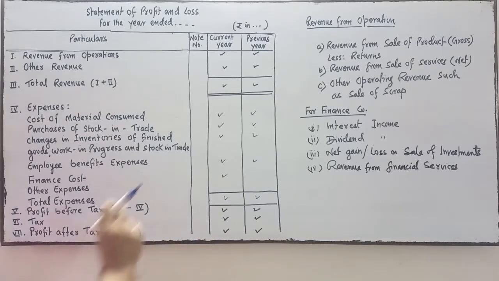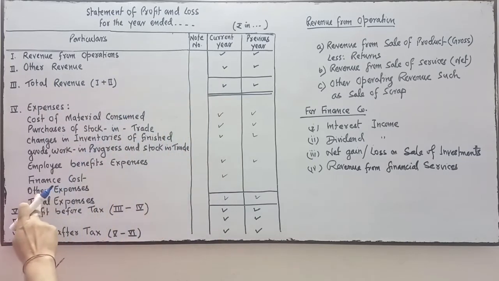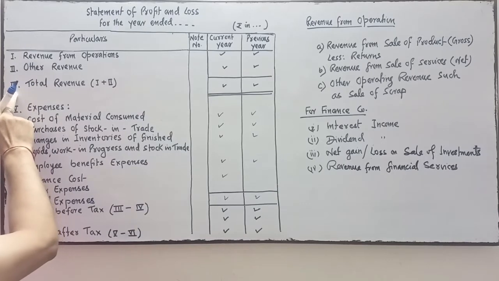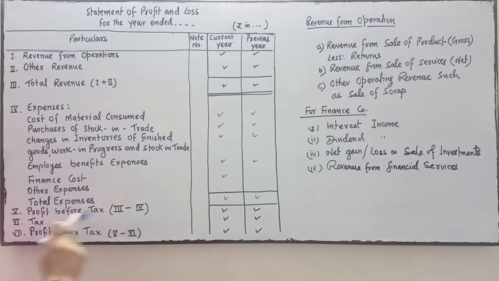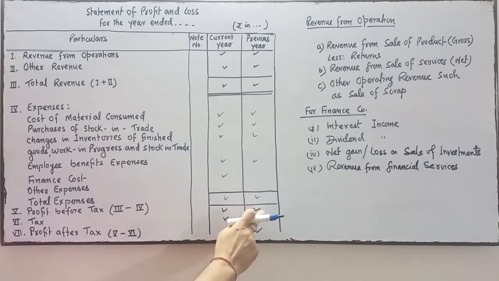Is it clear? Means total revenue minus total expenses. Total revenue is in sequence third and total expenses in sequence 4, equal to profit before tax. This will indicate profit before tax for the previous reporting period and current reporting period.